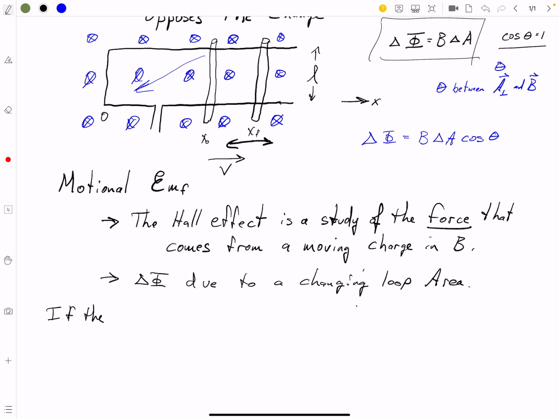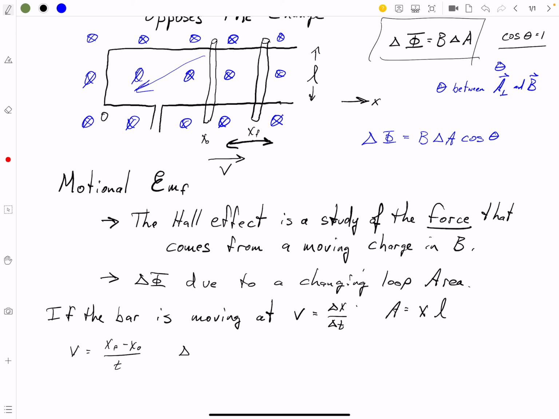If the bar is moving at velocity v, which is equal to delta x over delta t, and we know that A is equal to whatever x is times L, then our velocity is equal to x final minus x initial over time.